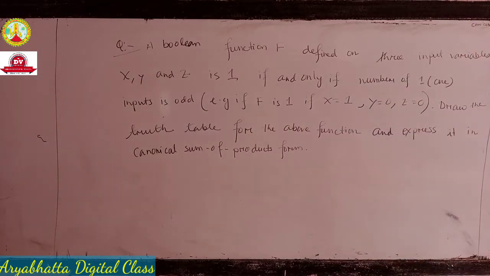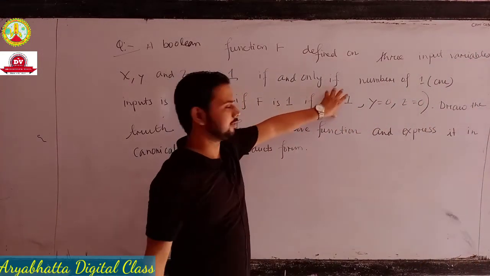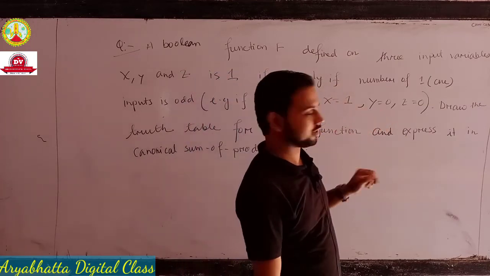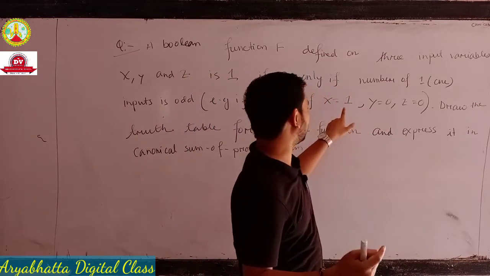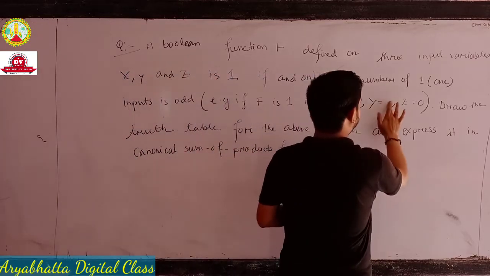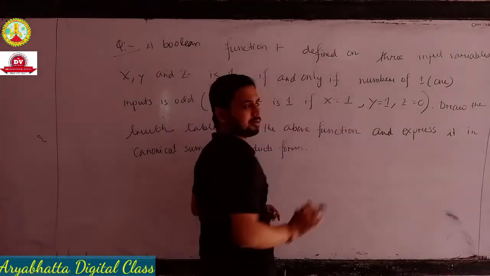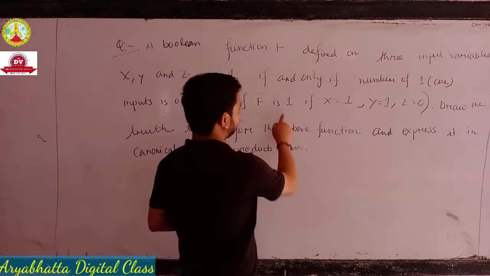A Boolean function f defined on 3 input variables x, y and z is 1 if and only if the number of 1 inputs is odd. Mainly you see, this is the input: x 1, y 0, z 1. The input 1 is only for x, means an odd number. If x is equal to 1 and y is also 1, means how many 1 values? Two, an even number, then f is not 1, then f is equal to 0.